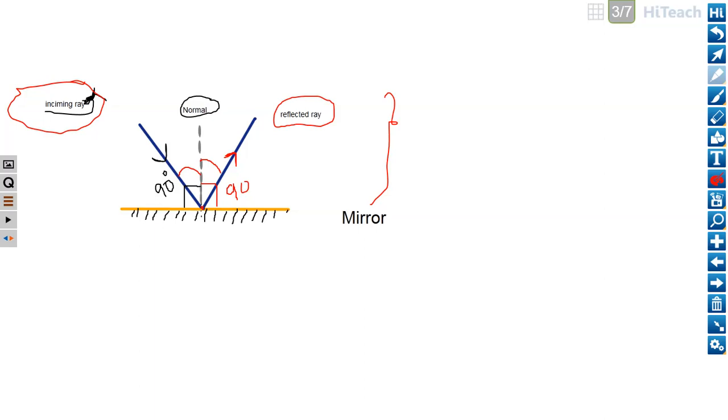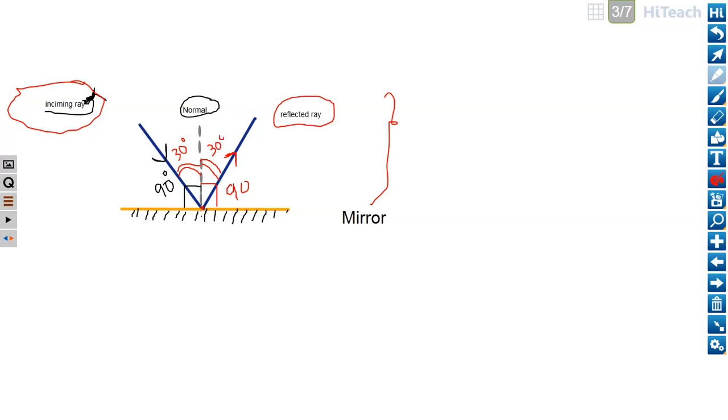Here, this angle, for example, if it's 30 degrees when you use a protractor, and you found it's 30 degrees. What about the angle of reflection, this one? It will be equal to the angle of incidence. It equals how much? 30 degrees.